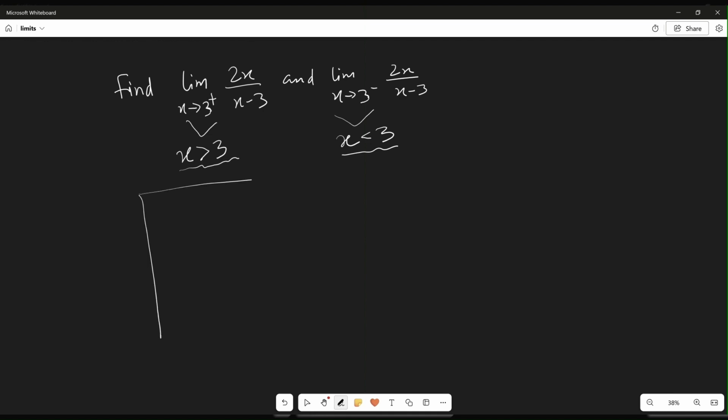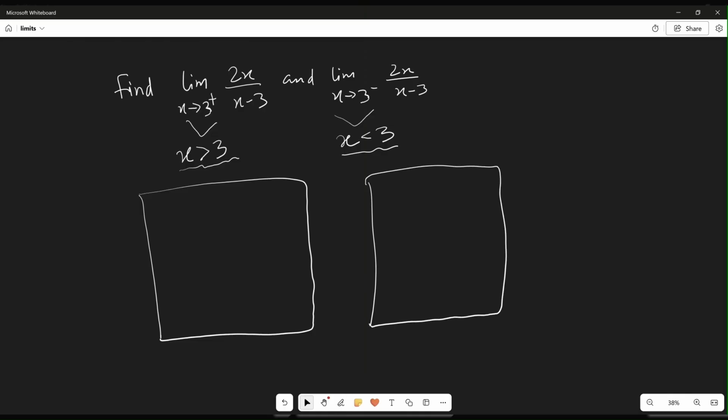I'm just going to use the same approach like we have done in the previous videos. Let's get some closest numbers to 3 from the right hand side, as x should be bigger than 3, so maybe let's just grab 3.1, 3.01, as we're getting closer to 3 but greater than 3, not equal to 3 again.